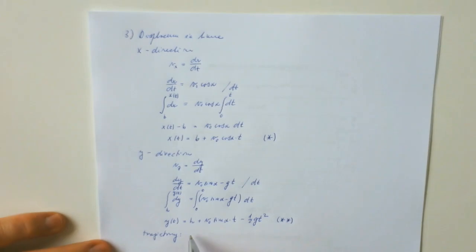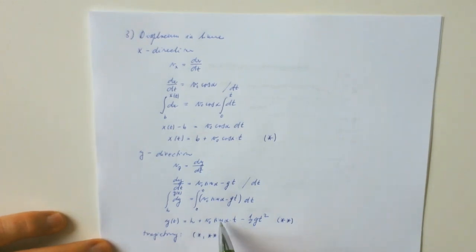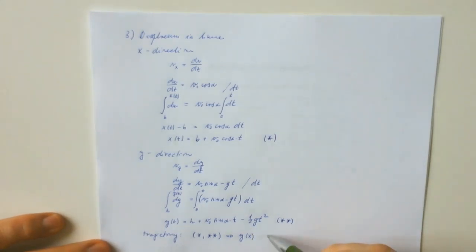We have a system of two equations, and by mutual substitution we can get, for example, a function depending on x. By eliminating time, we can get this curve.